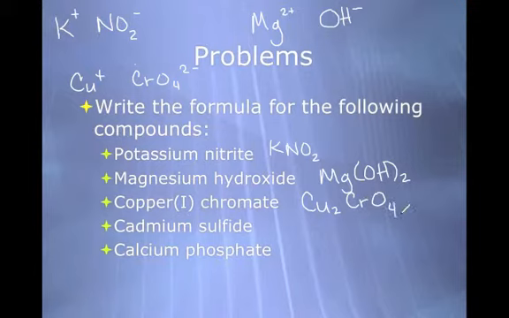And we have just one of those, so we don't need to put parentheses around it. It's still a negative ion, but you don't show the positive or negatives in the compound formula because they're balanced out. As a whole, the compound's neutral.